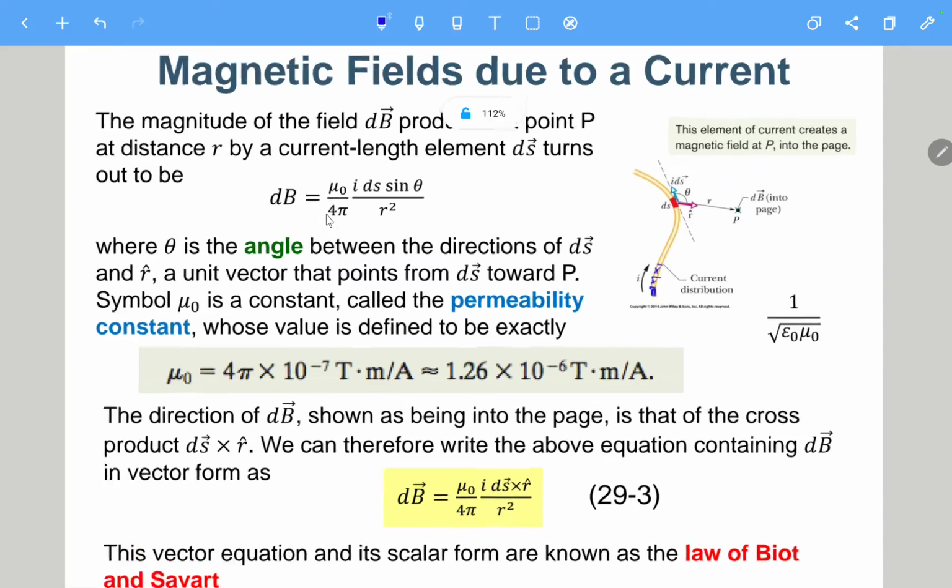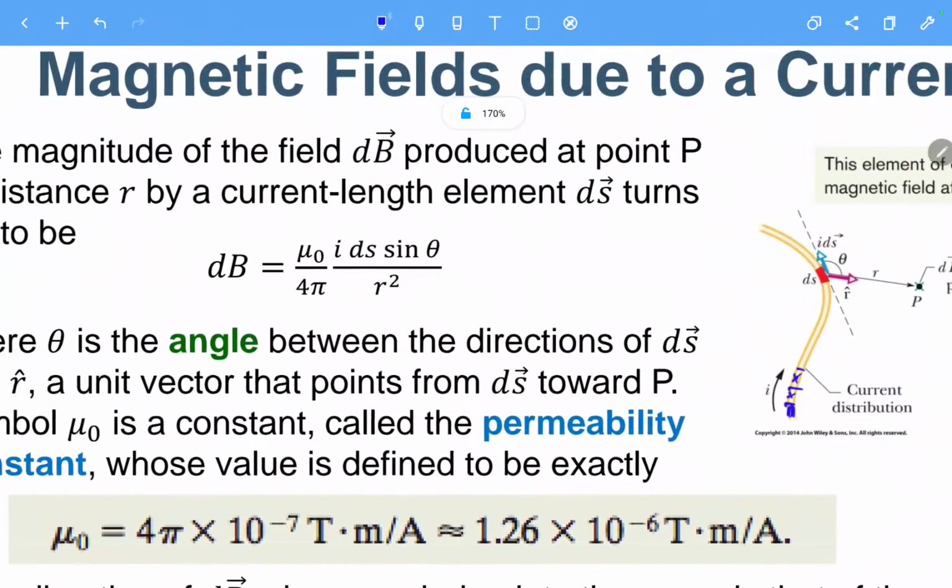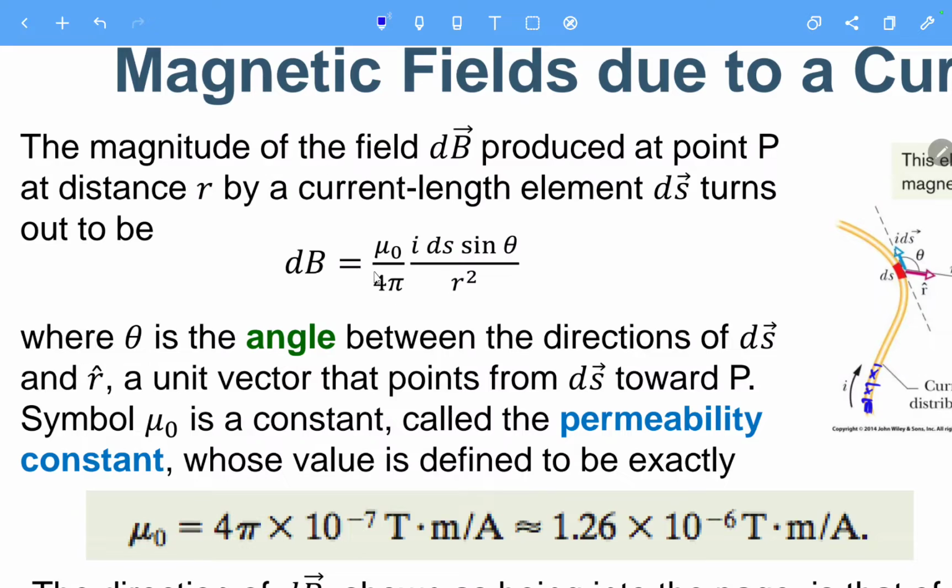So let's see what every variable is about. First, we can see mu naught over 4 pi. I will say this equation is quite similar to Coulomb's force. Let me write it out.